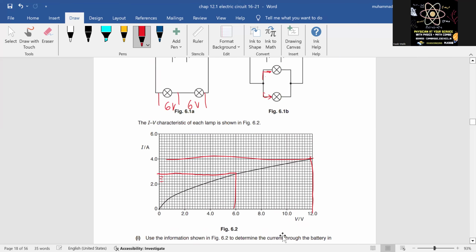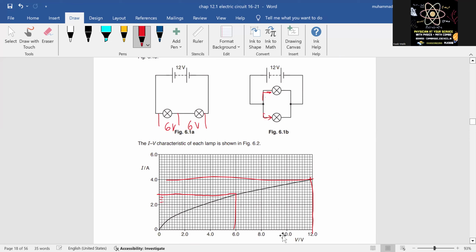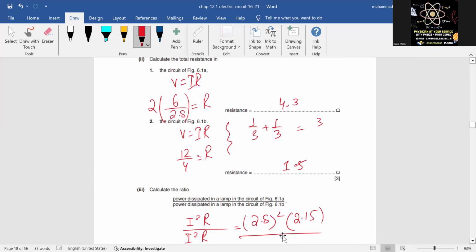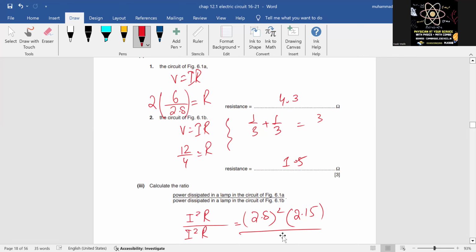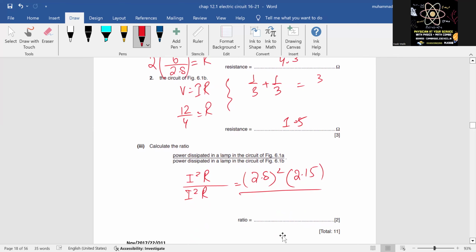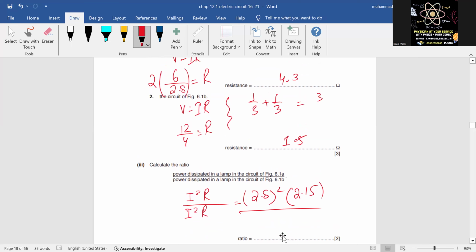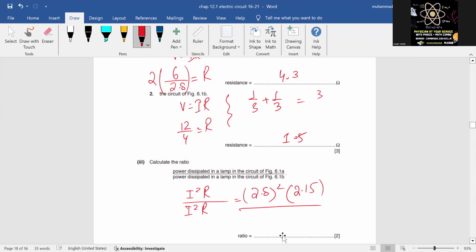And this is divided by the power for the other circuit. For the other circuit, we have the voltage drop. If you use the voltage, then it would be really helpful in this case.